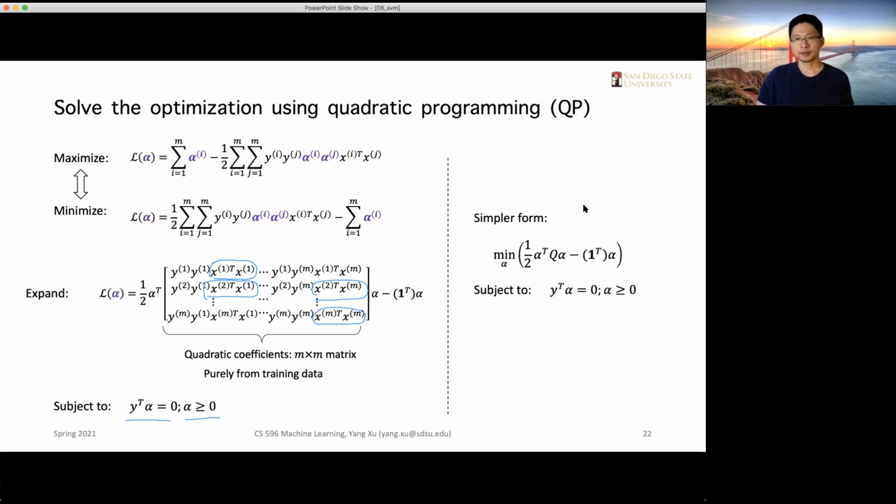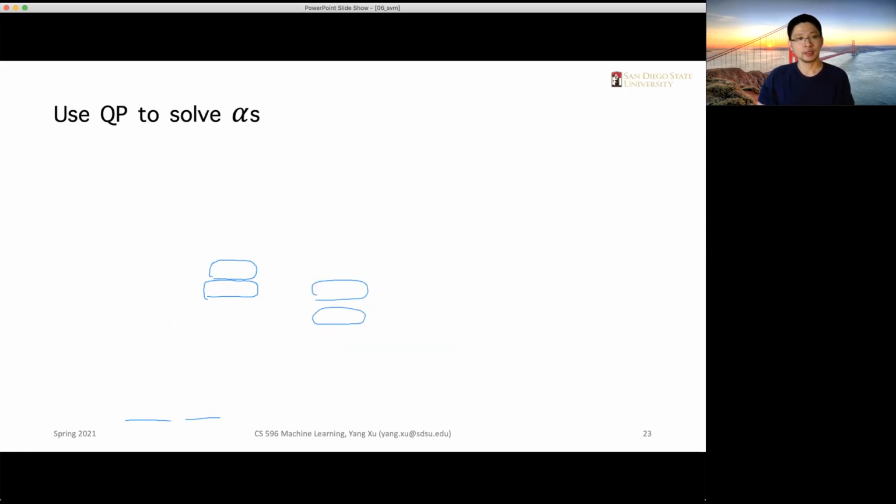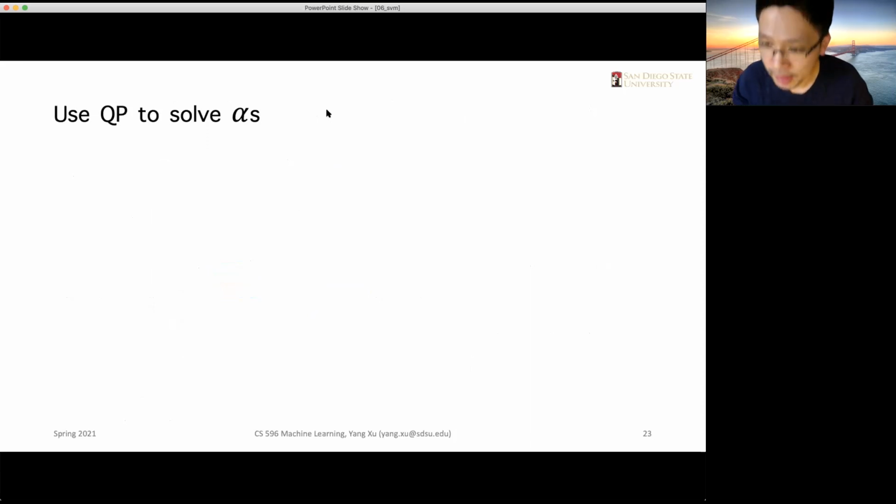And this is a typical optimization problem that can be solved by quadratic programming software packages. So let's now focus on the results. We're not talking about how the quadratic programming algorithm solves the alphas, but all we need is the output from the quadratic programming.